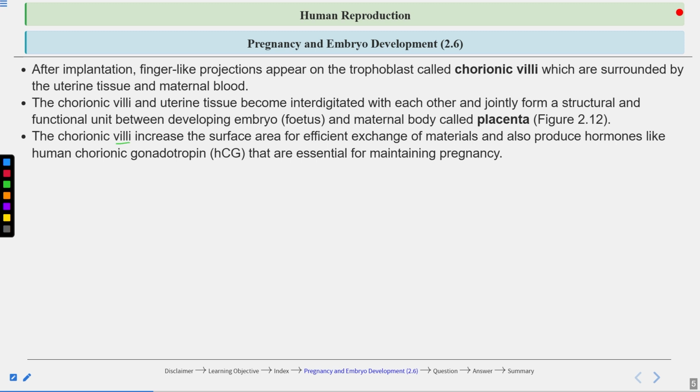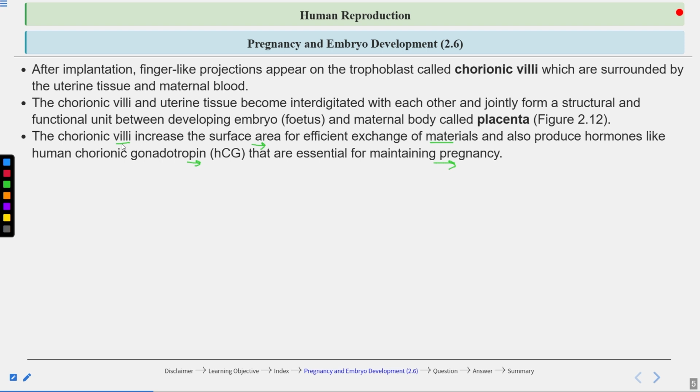Now, chorionic villi increase the surface area. What is the role of chorionic villi? They increase the surface area for efficient exchange of materials, and also produce hormones like human chorionic gonadotropin, which are essential for maintaining the pregnancy. Now, what is the function of the placenta? The placenta is very important, and we'll talk about its role also.